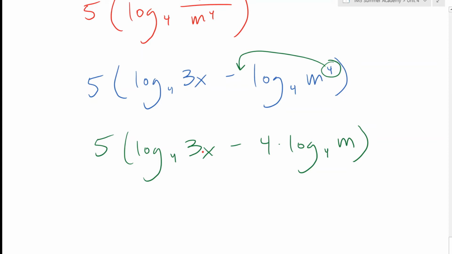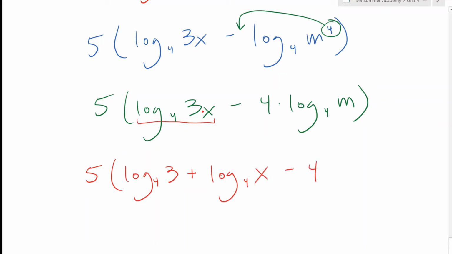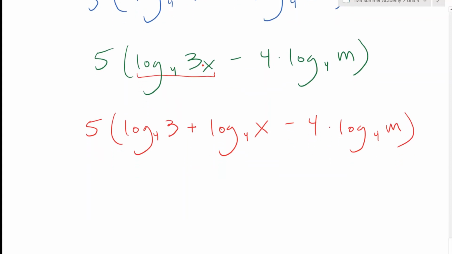So now we're seeing all the different rules involved. This is still going to expand out to 2 more pieces. So we got the 5, the log base 4 of 3. The multiplying becomes addition, log base 4 of x, and we're still subtracting that piece at the end. So this is good for now.